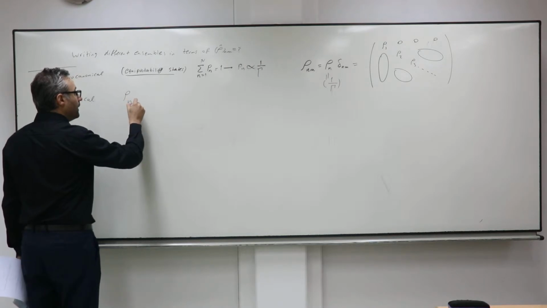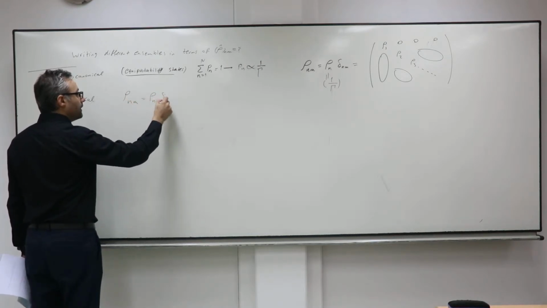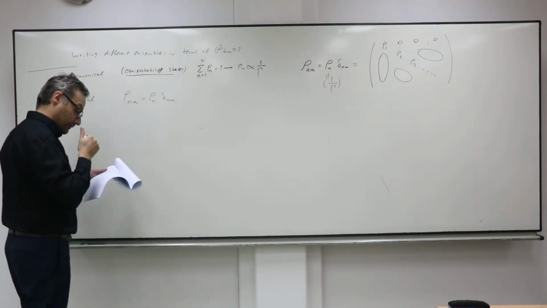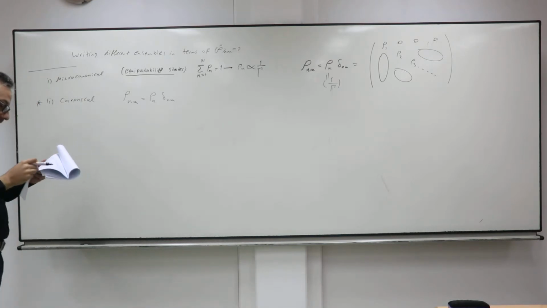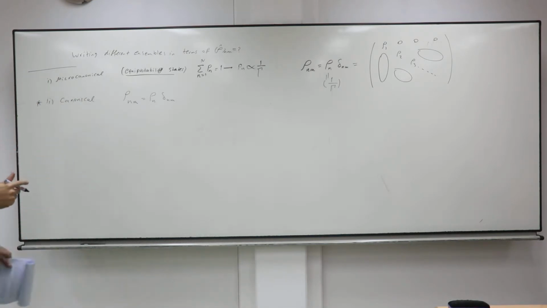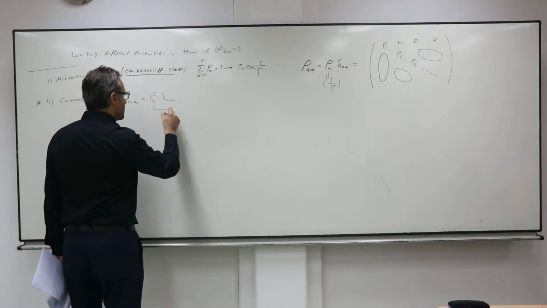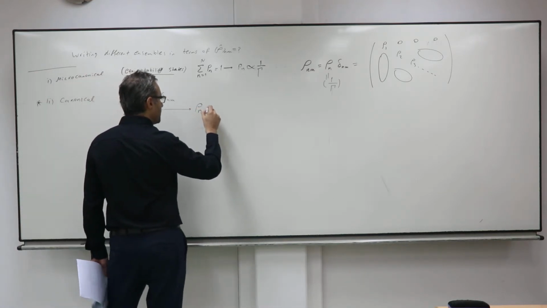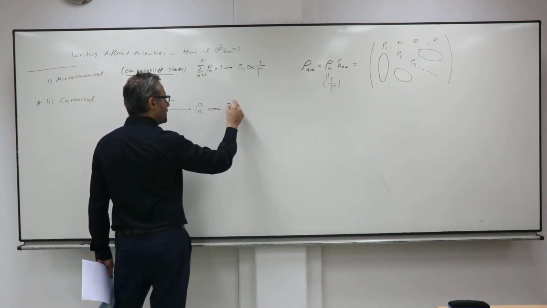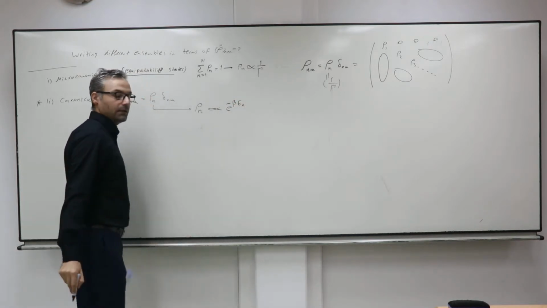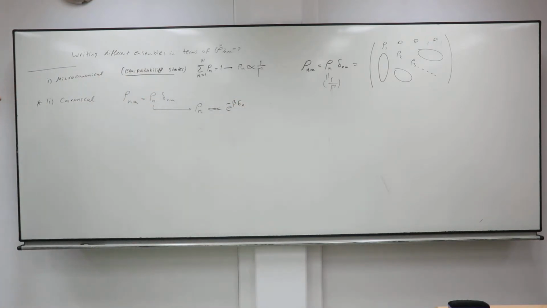Rho nm will be rho n delta nm. But the probability is not the same. You know, the probability of finding each one is proportional to e to the minus beta E n. Proportional.